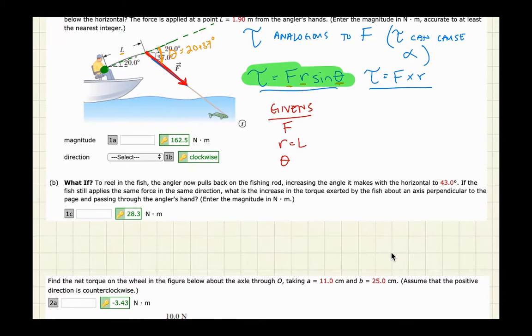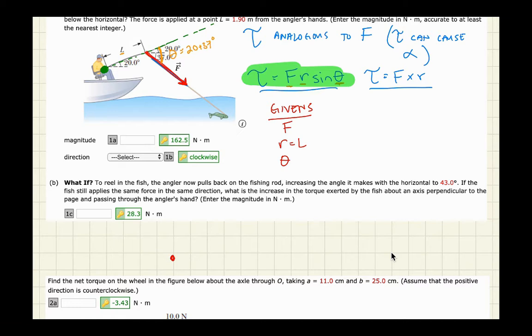Now, the fisher person pulls the rod back. So what that does is it increases the angle it makes with the horizontal to 43 degrees. In other words, in my second circumstance, let's draw this out.